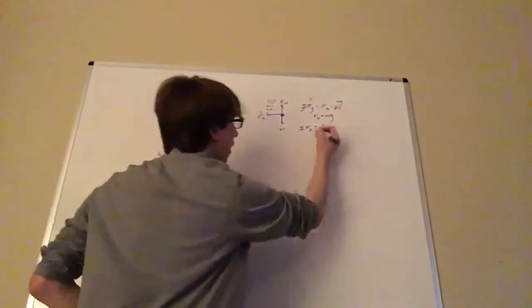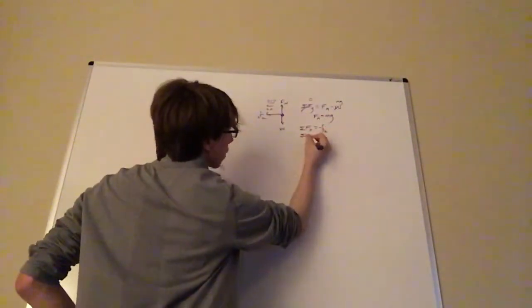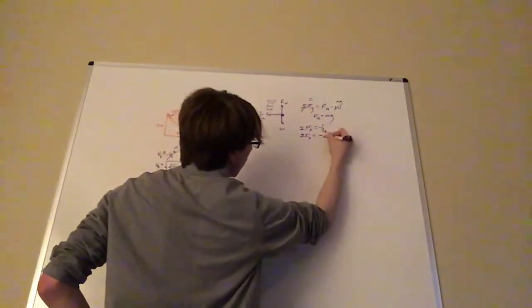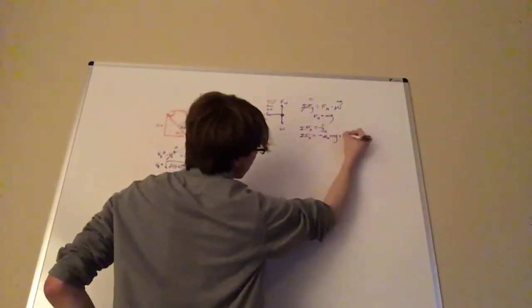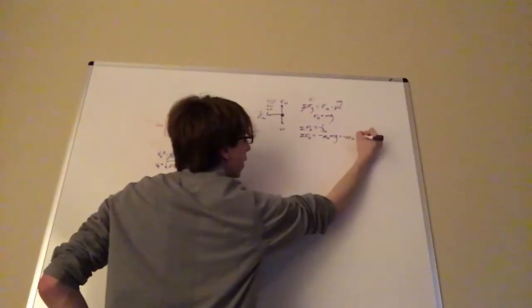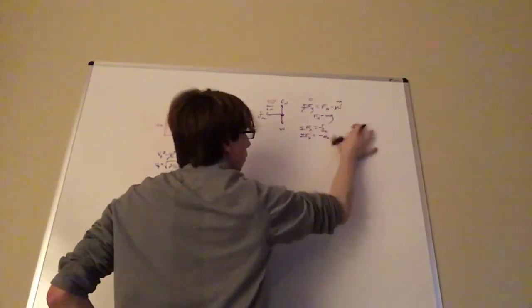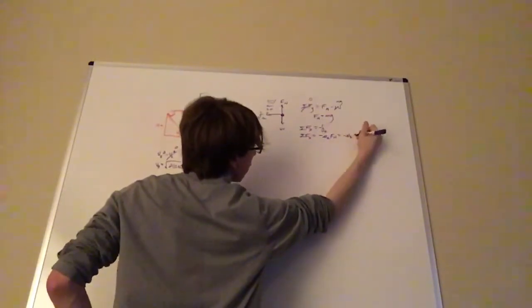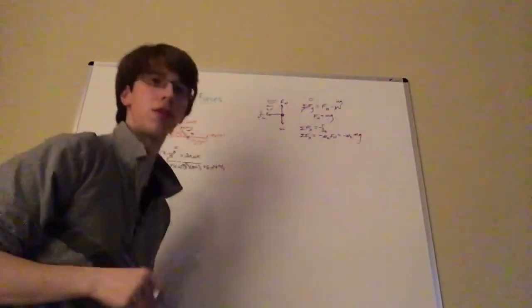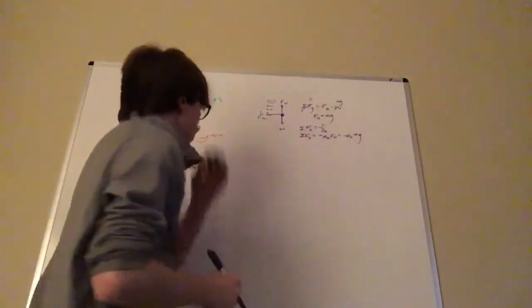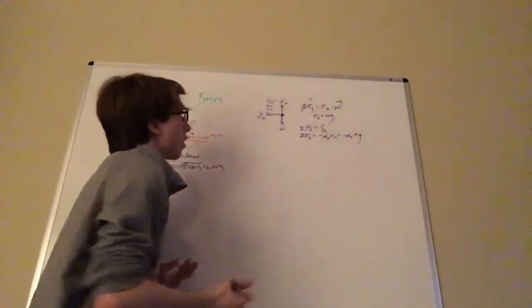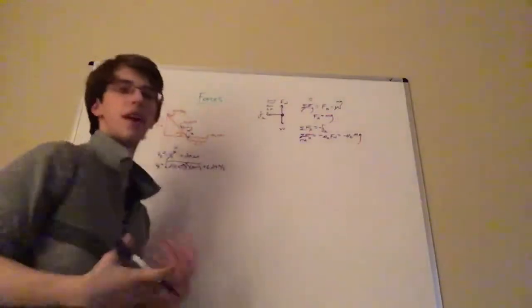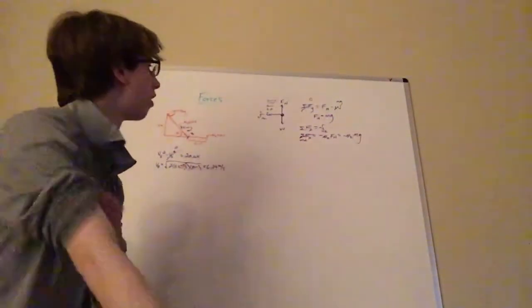So now we're just going to say the sum of our x forces is equal to negative, replace this with mu k mg, which is just equal to negative mu k times the normal force, which is equal to negative mu k times mass times acceleration due to gravity. Finally, we are going to say that this is equal to mass times acceleration, F equals ma, Newton's second law.